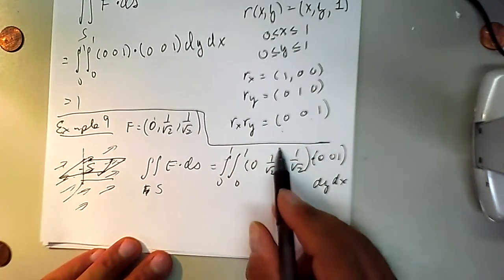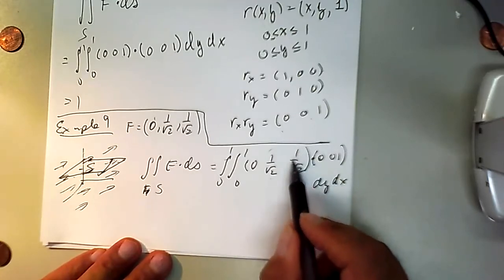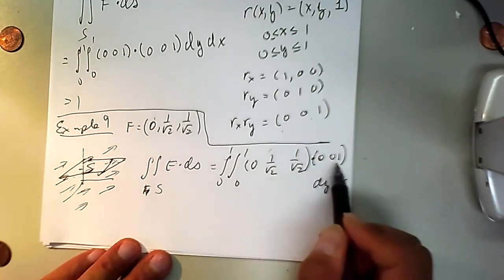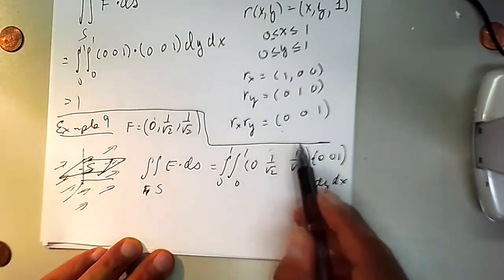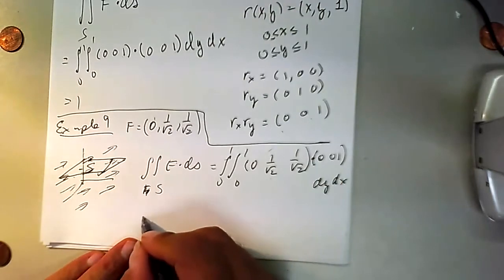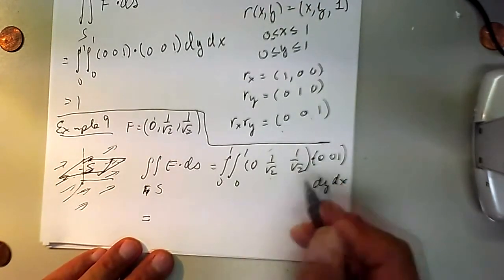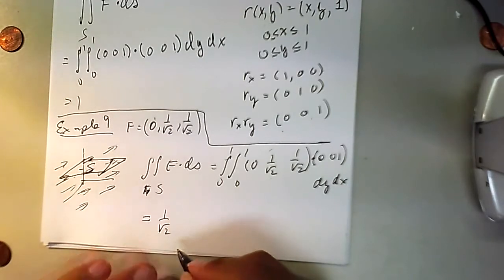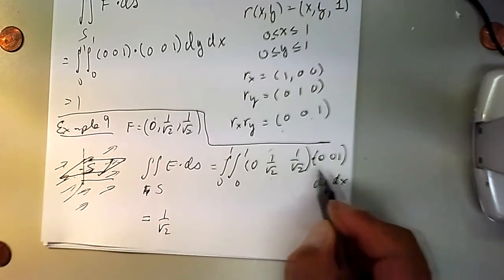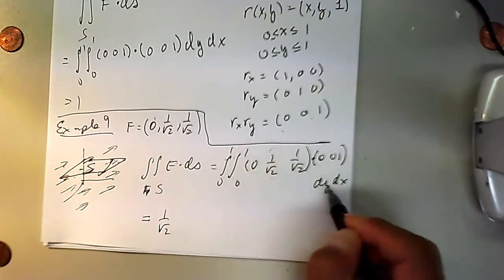So notice that this is going to drop. The only thing that is going to survive after the dot product is one of the components, 1 over the square root of 2, just because of the way this cross product came out. So after factoring out 1 over the square root of 2, we're just integrating 1 from 0 to 1 and 0 to 1.